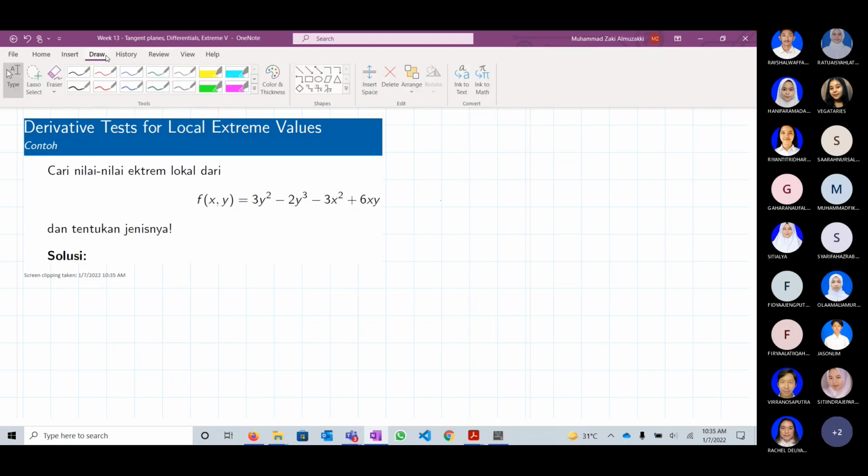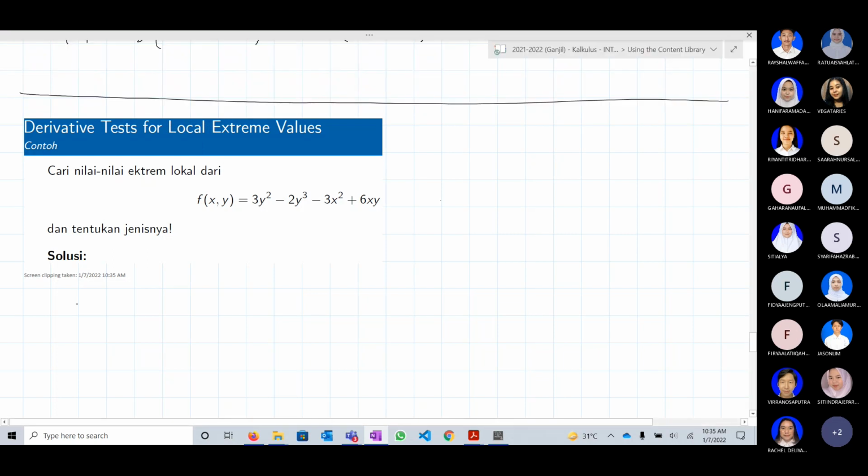So to do the second derivative test, we need fx, which is 6x plus 6y, and fy, which is 6y minus 6y squared plus 6x.